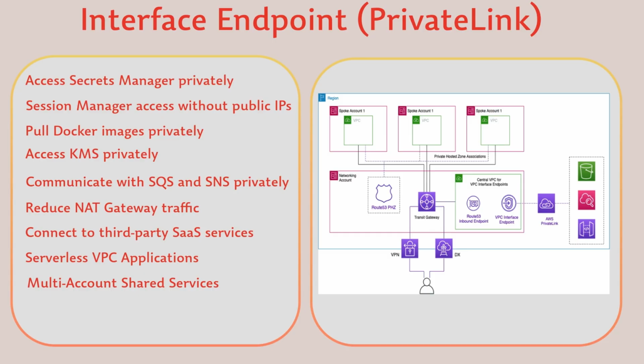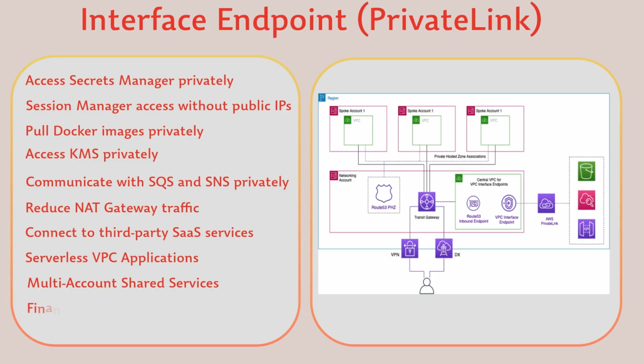So from PrivateLink to the provider account, from the provider account to the network load balancer, and from the network load balancer to the security service. So we don't need to do VPC peering here. So this is a strong isolation.